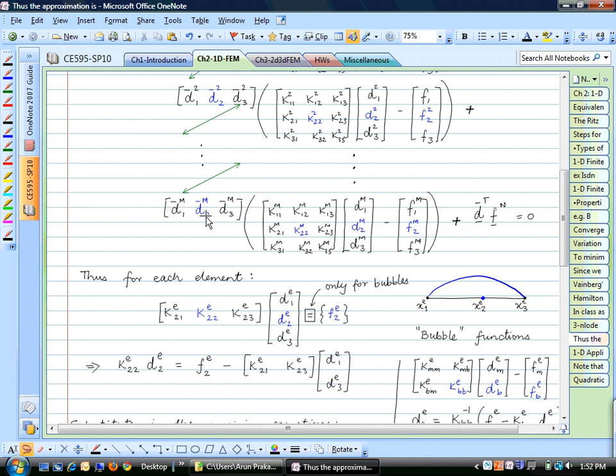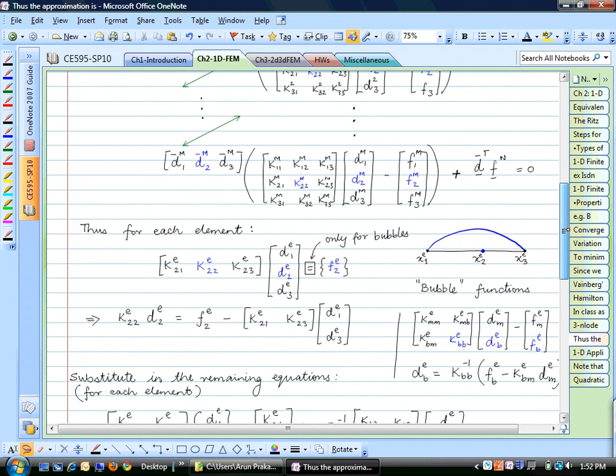So let me go through this. If you pick out the second row of this element contribution, what do we get? This is the second row times this vector. So second row times this vector is actually equal to the right hand side. Okay, so this equation holds for bubble shape functions.